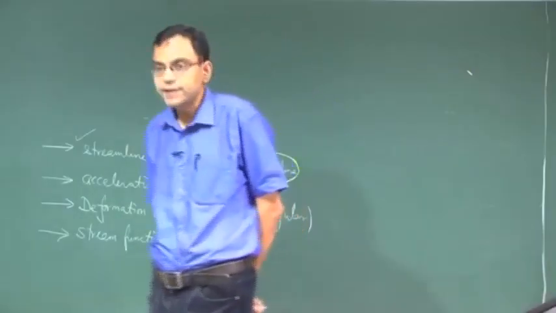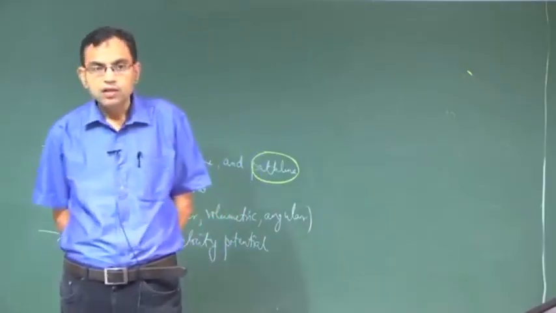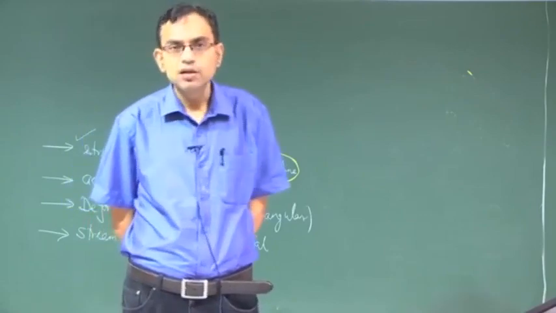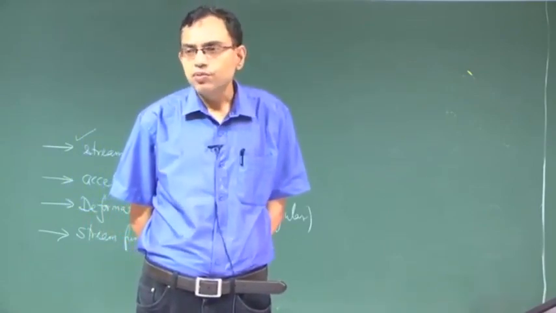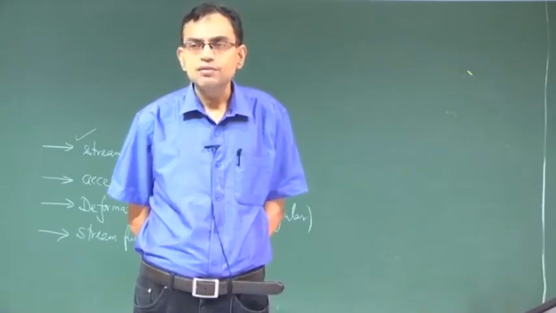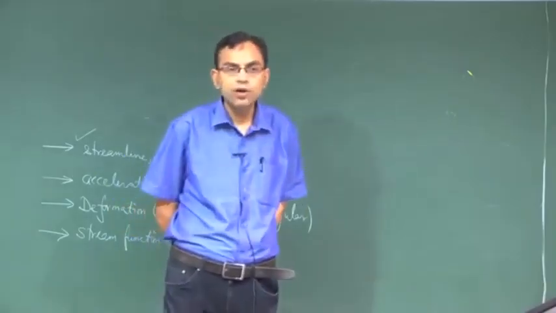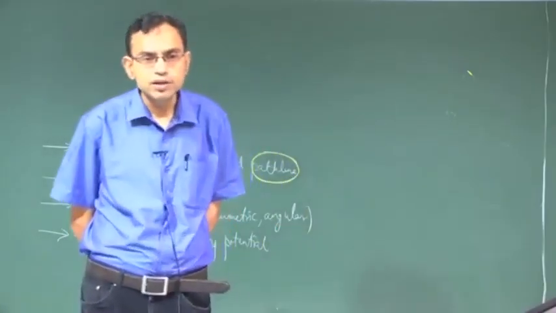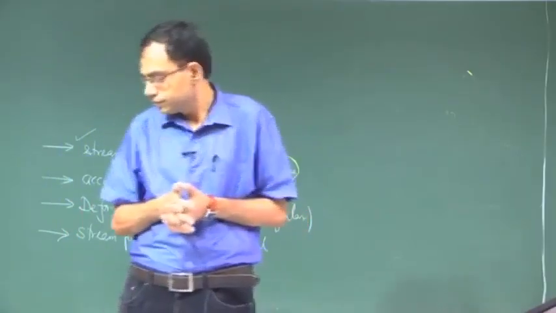In the previous lecture we were discussing streamlines, streak lines and path lines, and we have defined them formally. But when it comes to determining these lines in functional form, there is always some confusion in the mind of the student when confronted with a real practical problem.